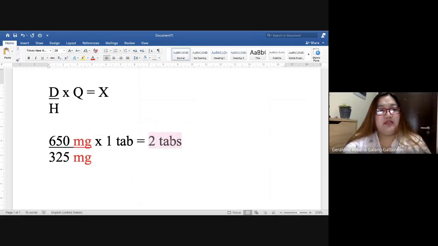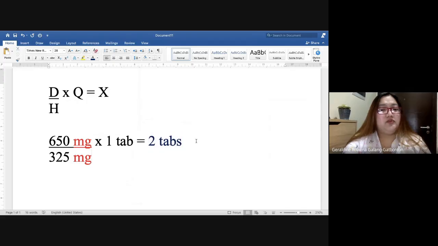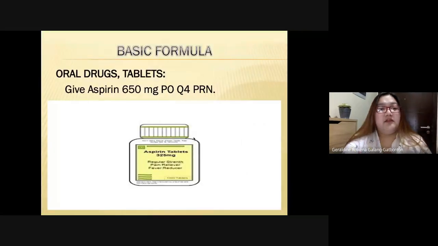So the answer is I am to give 2 tablets to this patient requiring 650 mg of aspirin. So ang aspirin ay isang NSAID, non-steroidal anti-inflammatory drug for fever, for pain, but among adults, again, it can be used as an anti-platelet drug to make the blood thinner.